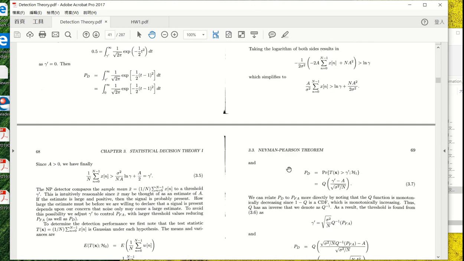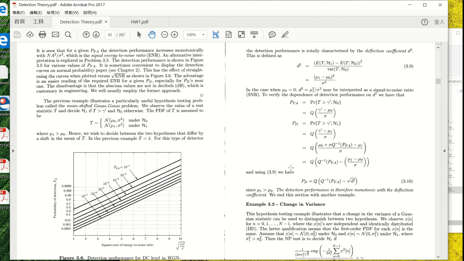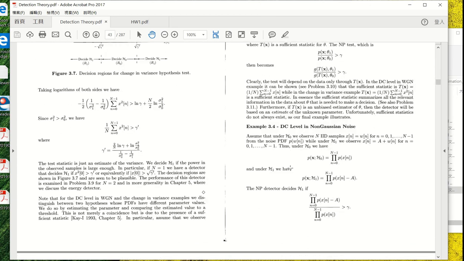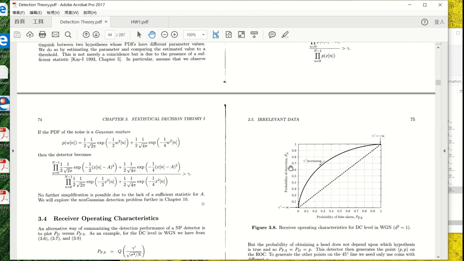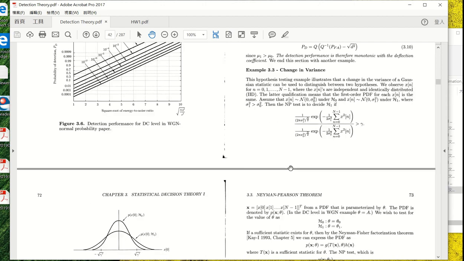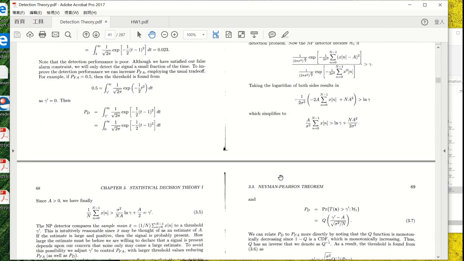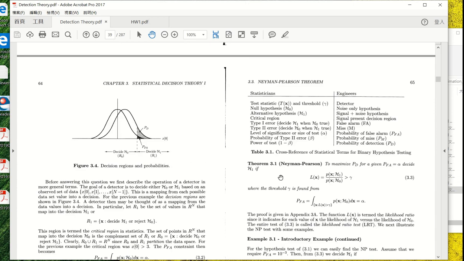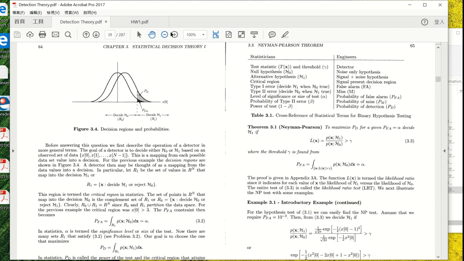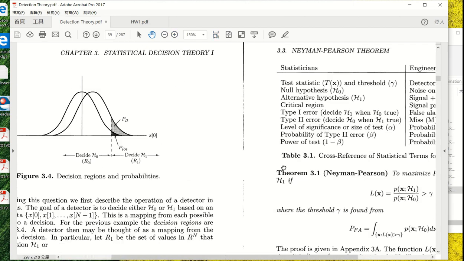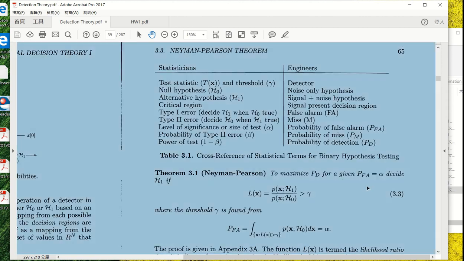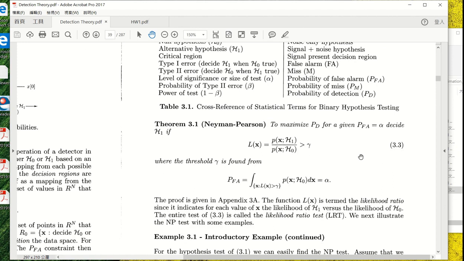The Neyman-Pearson approach. So let's take a look at page 65.